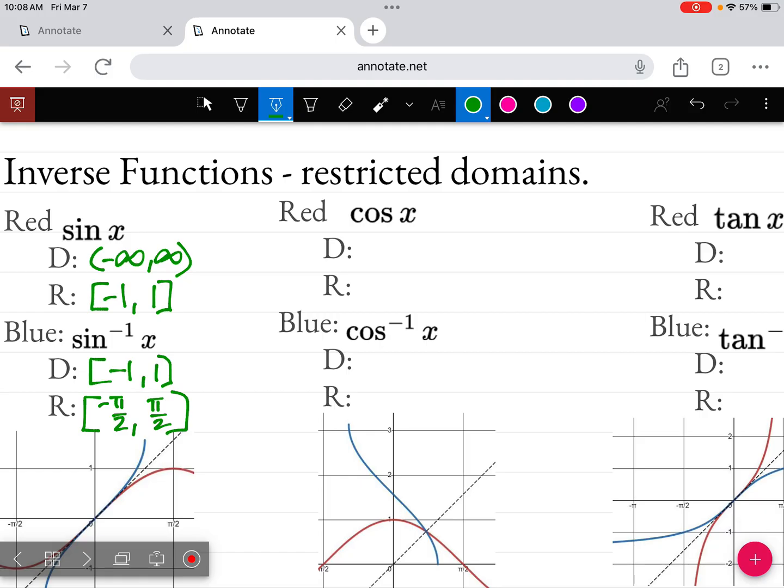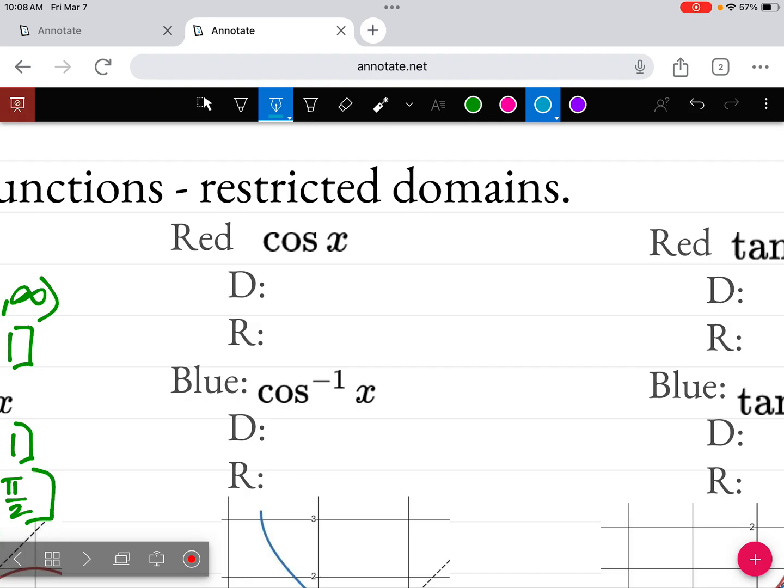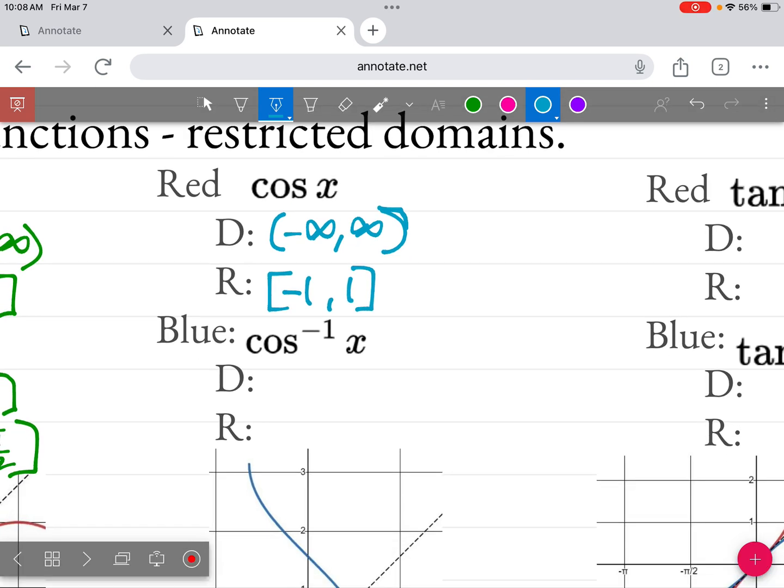So now we're going to think through that same kind of process, but with cosine. Cosine has what domain? All real numbers, so it's -infinity to +infinity. What is our range on cosine? -1 to 1. So for the inverse of cosine, what's our domain?